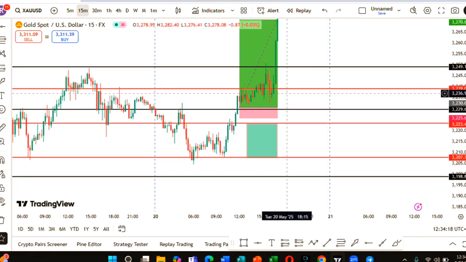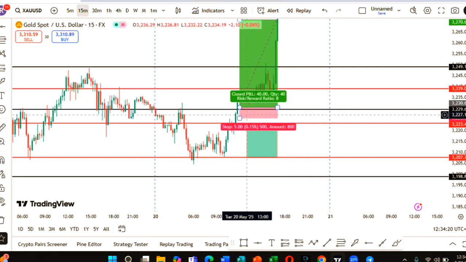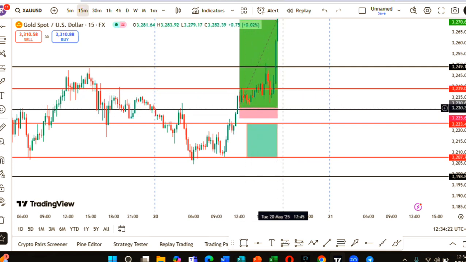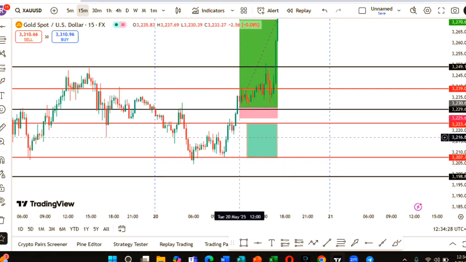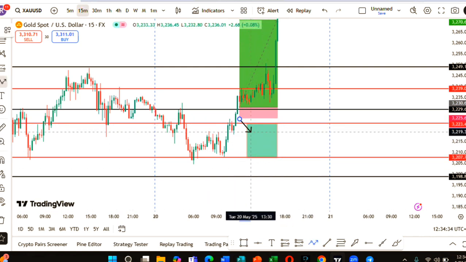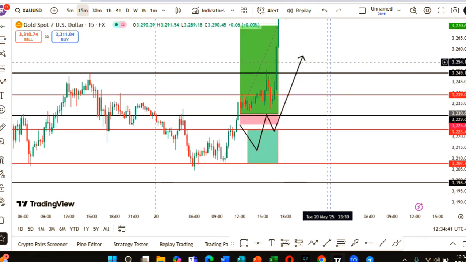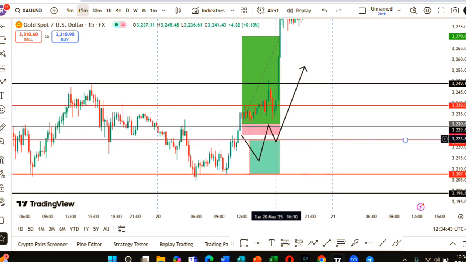And these red lines are the 4-hour, 9 a.m. 4-hour candle high, low and the middle. So we are expecting this market to come here, retest here and start buying, but it didn't happen like that.